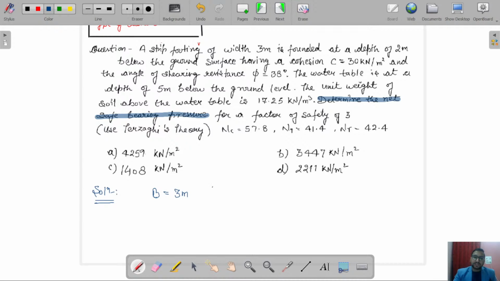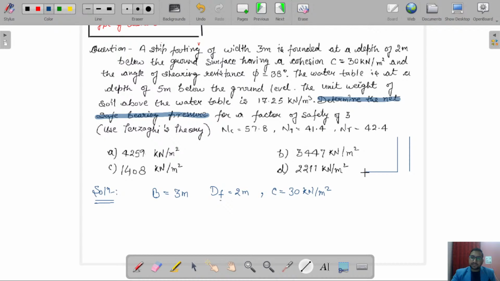Depth of foundation Df is given as 2 meters. Cohesion value is given as 30 kilonewton per meter square. Phi is only needed to calculate Nc, Nq and N gamma, which are given to us here. Now it is given that the water table.